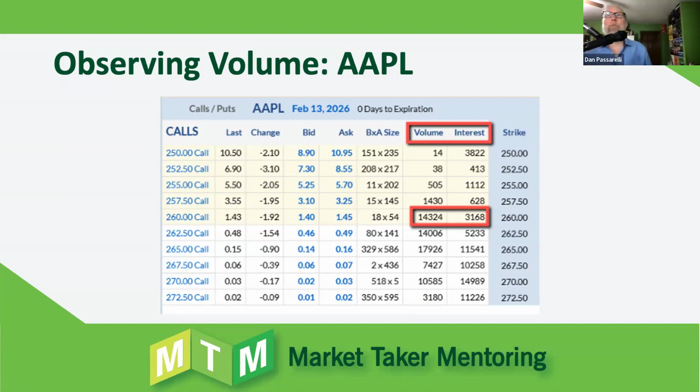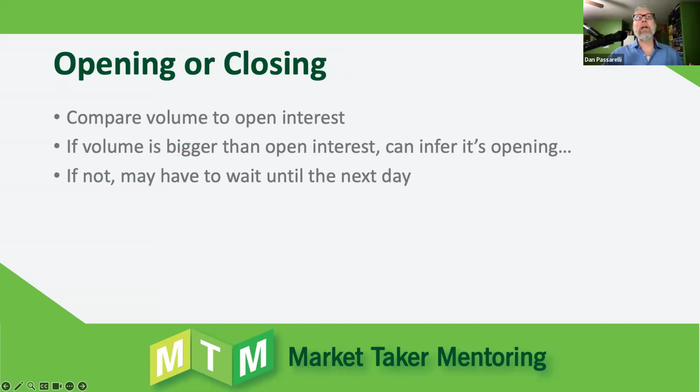Now, if you're watching this, especially in the morning, and you see 14,000 traded here, 14,000 traded there, that could be a spread. And there's a lot of other questions that we have to get the answer to as well. One of those questions is, was that opening or closing?